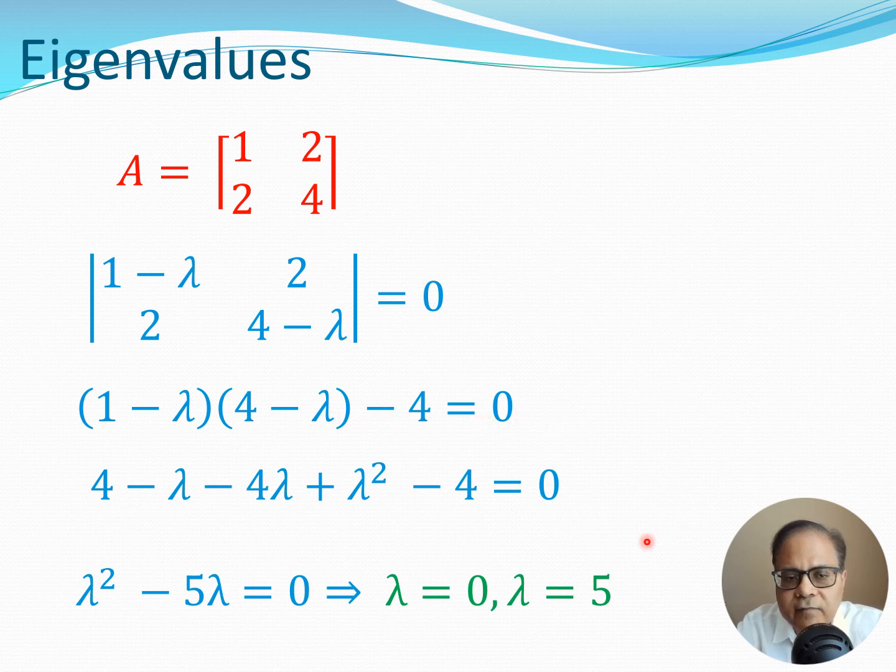I simplify it further, so I get here 4 minus lambda minus 4 lambda plus lambda square minus 4 equal to 0. There is a cancellation of 4 and minus 4. And so I get lambda square minus 5 lambda equal to 0. So this immediately gives me two roots. One root is going to be lambda equal to 0. One root is going to be lambda equal to 5 because I can write it as lambda into (lambda minus 5) equal to 0.